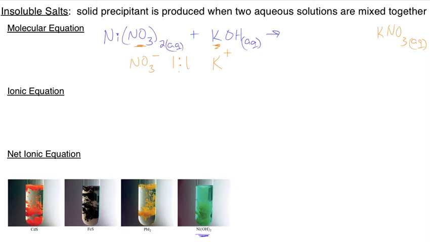Now, let's look at the other one. This one's different. One thing that's different is we already know that it forms a solid. We can see it there. Now, nickel's a transition metal. It can vary in its charge state, and we have to figure out whether it's going to be a +2 or +3. That's fairly common for a lot of the transition metals. You don't even need to remember the possible charges.